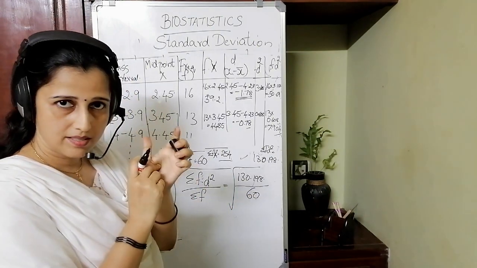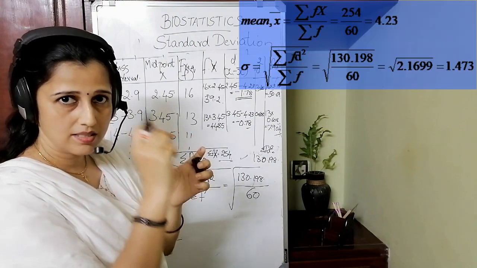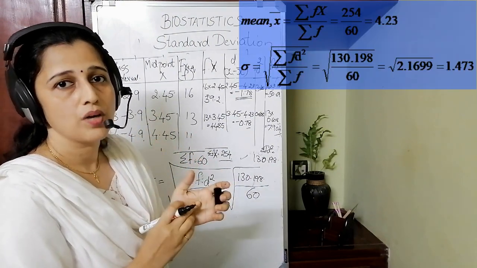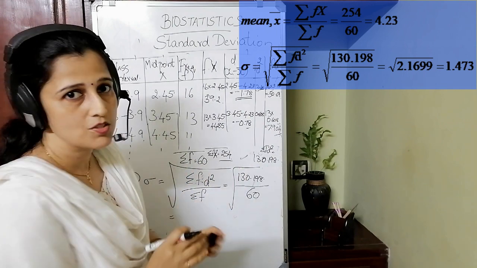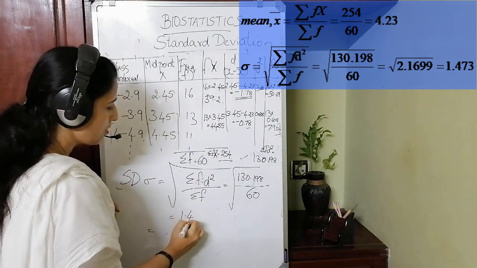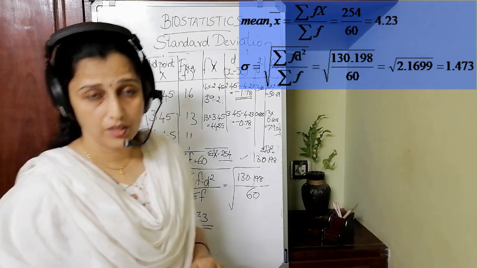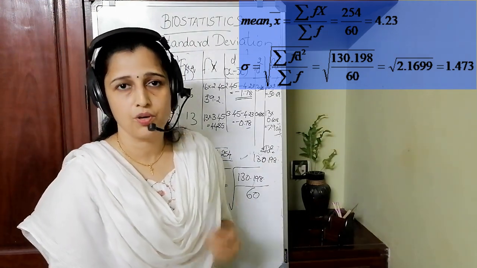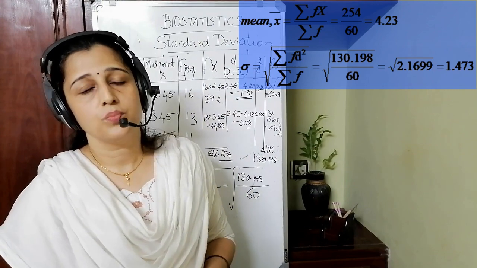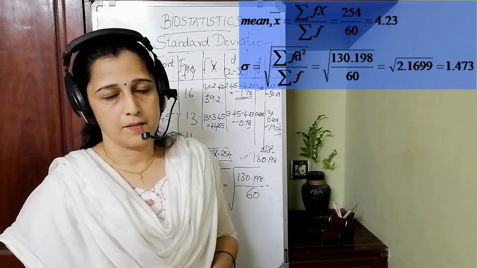Then press the square root symbol on the scientific calculator, give the value for which you have to find the square root, and that gives 1.473. This is how we calculate the standard deviation for grouped and ungrouped data.